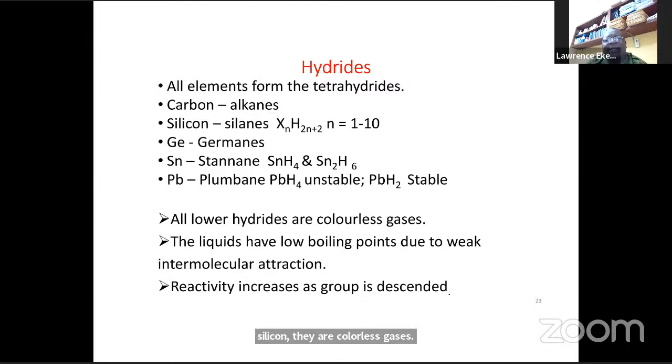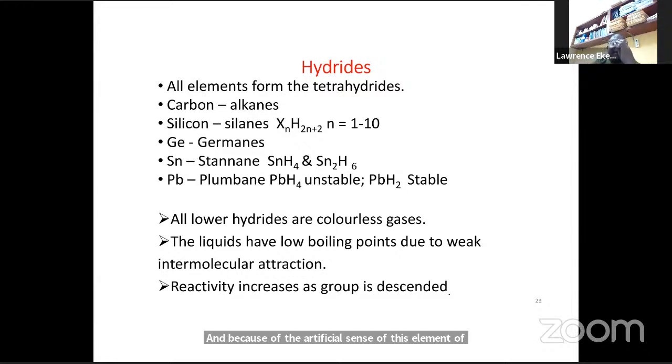They have low boiling points due to their weak intermolecular attraction, because of the weak bonding between the hydrogen and the carbon. When we talk about hydrides, we're talking about basically the interaction between the elements and hydrogen. That is what leads to the formation of hydrides. And because of the oxidation states of the group 14 elements, they form tetrahydrides.